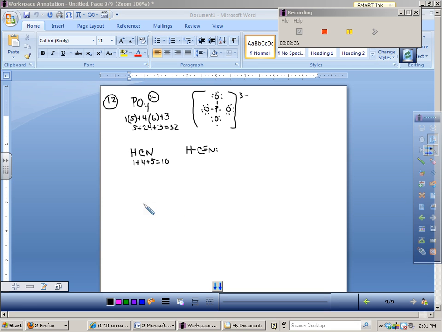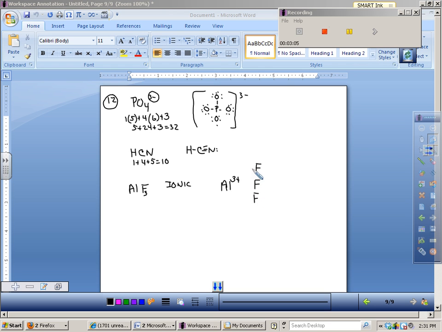All right, the next one we're asked to do is AlF3. This is really an ionic situation, so it's not a sharing. We have aluminum, who has 3 valence electrons, so he's going to give them away, become a cation. And we have 3 fluorines, so we'll have 3 Fs.